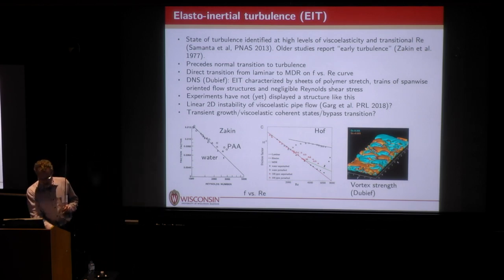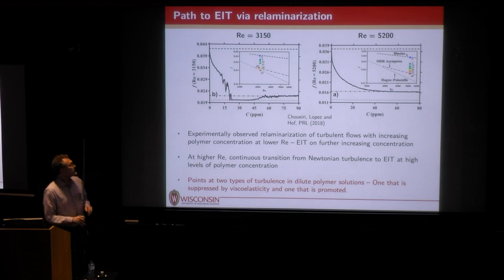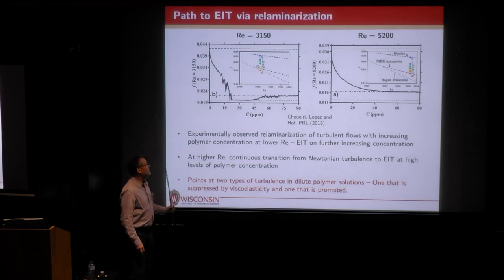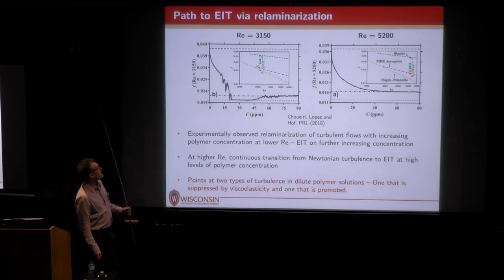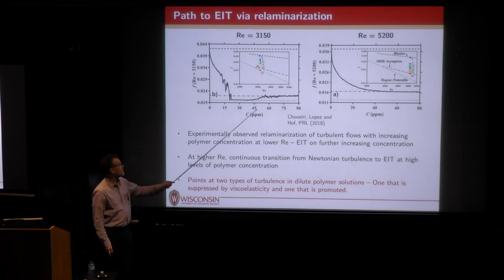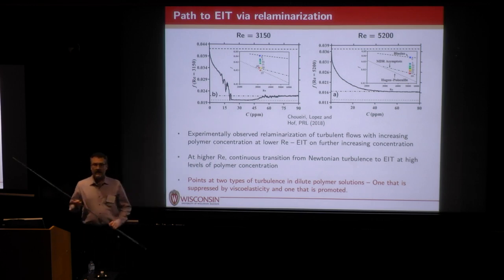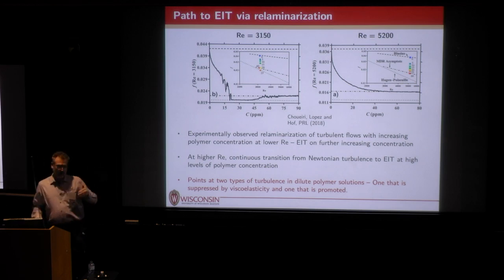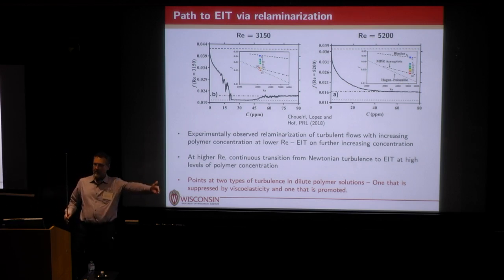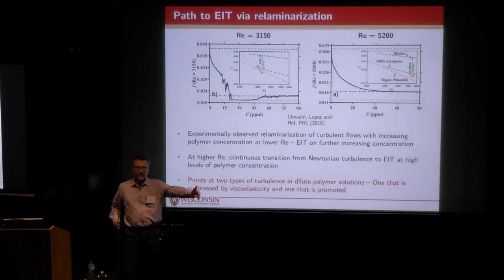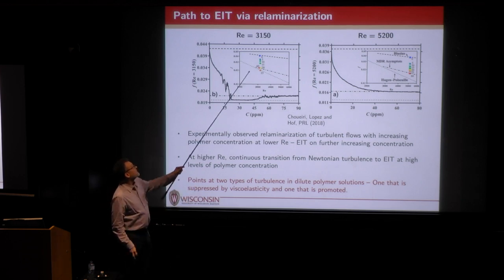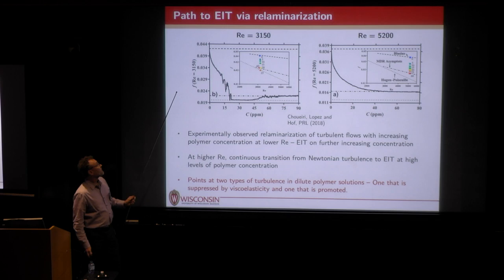All right, and then last bit of background. This is a very interesting observation. This is again from Björn Hof's group. So this is a pipe flow experiment, and what they did was quasi-statically increase the polymer concentration. So they're increasing the contribution of the polymer molecules to the stress in the flow. And let's focus on this plot here, which is at relatively low Reynolds numbers. So at zero concentration, this is Newtonian turbulence. Here, as they increase the concentration, the friction factor goes down, the drag goes down.